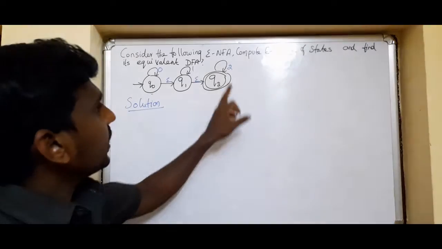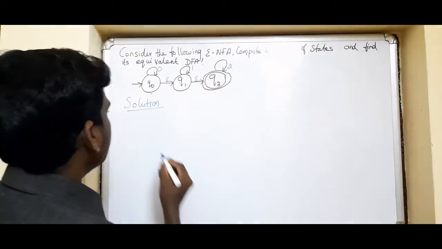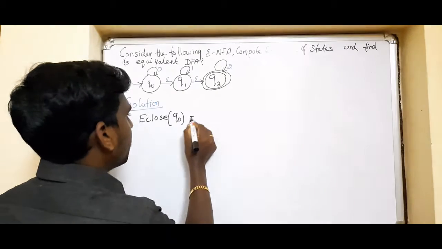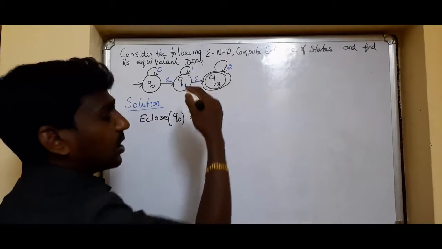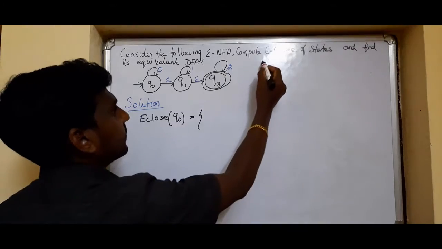For epsilon NFA to DFA conversion, the first step is to find the E-closure of the starting state. Which one is the starting state? Q0. You remember, to convert epsilon NFA to DFA, we have to find E-closure of the starting state.